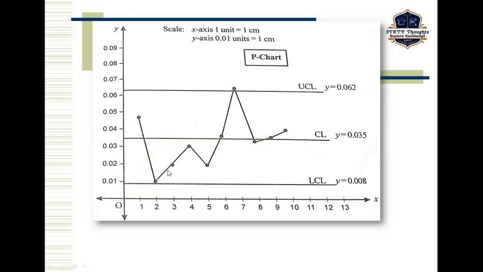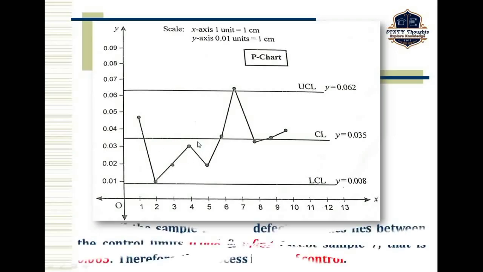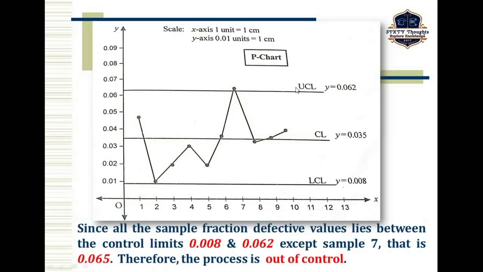Similarly sample 2, sample 3, likewise we get the 10 sample values. Connecting all the sample fraction defective values, we get this graph. So from the graph we can clearly see that all sample fraction defective values lie between the upper control limit and the lower control limit except sample 7. Why? Because sample 7 does not lie between the lower control and upper control limit, right? So therefore the process is called out of control. Okay. So now we give the conclusion.